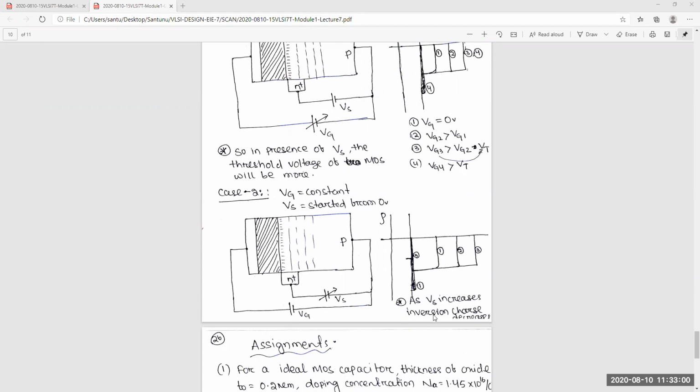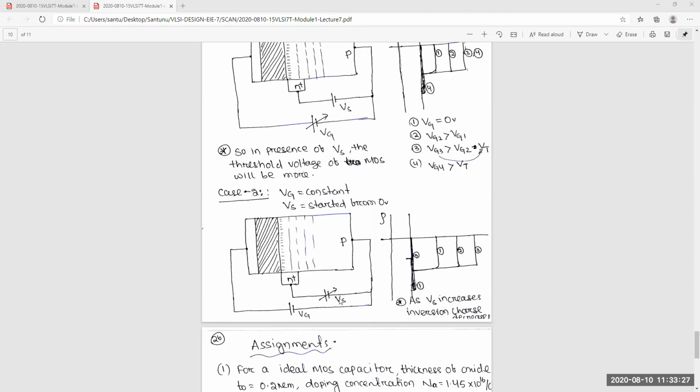So here you can see at condition 1, Vs is equal to 0, and inversion charges are already there along with some depletion region. That means Vs is equal to 0 and Vg is at Vt or greater than Vt. Now we will increase Vs. So what happened?